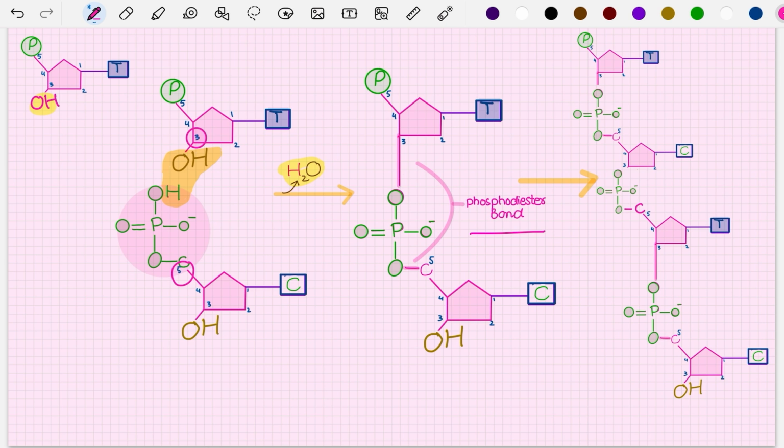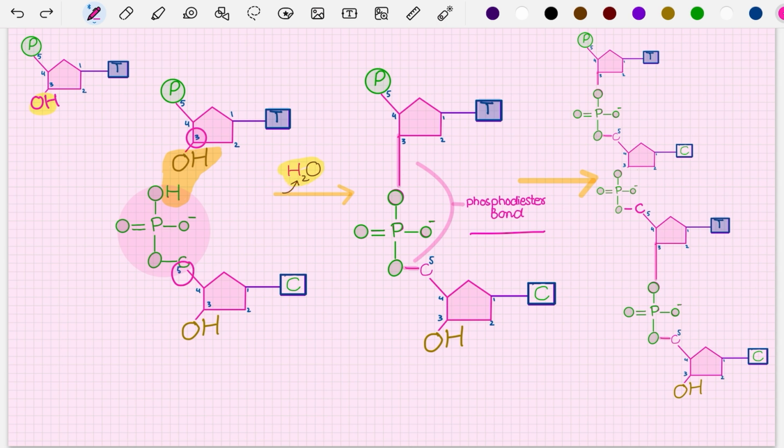The hydroxyl group at carbon number 3 and the phosphate group at carbon number 5 of another nucleotide make a bond by removing a water molecule. The hydroxyl group from one nucleotide and the hydrogen from another combine together and form a water molecule.